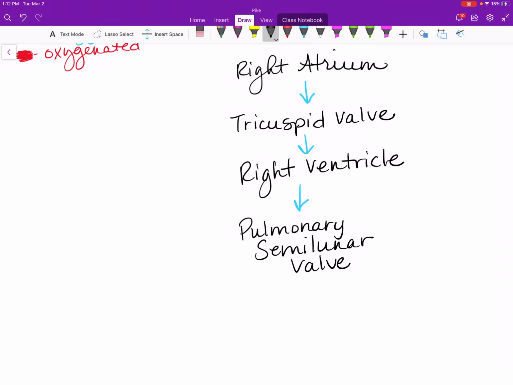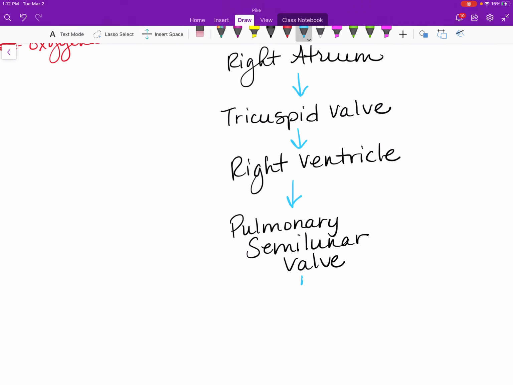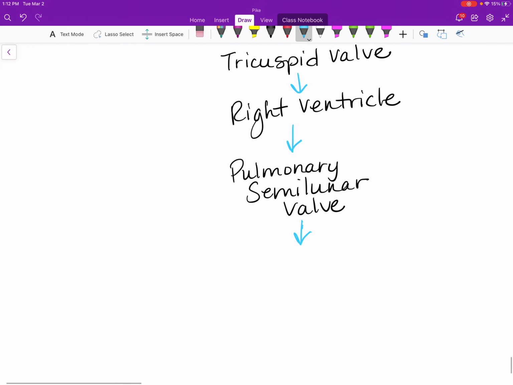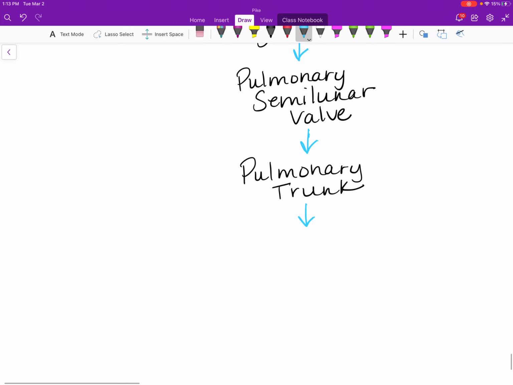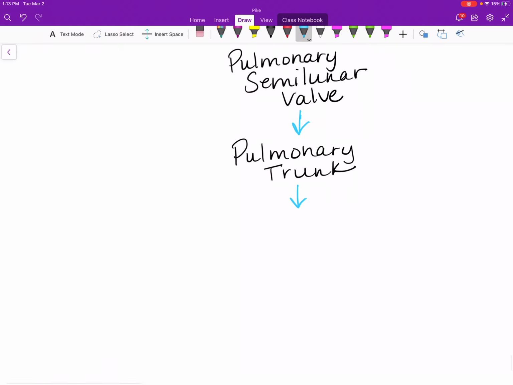Okay. This blood is still deoxygenated. We have not been to the warehouse to pick up new oxygen. This blood is going to enter the pulmonary trunk, major artery leaving the right ventricle. And again, the blood is still deoxygenated. From there, that blood is going to then either travel over to the right lung or the left lung.